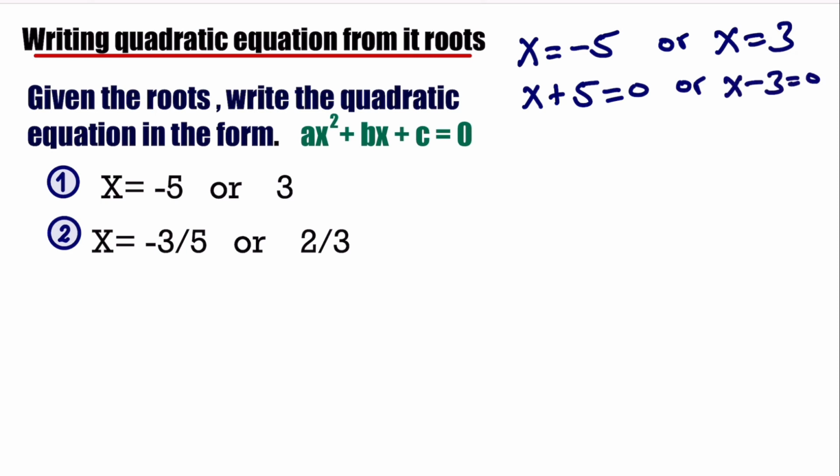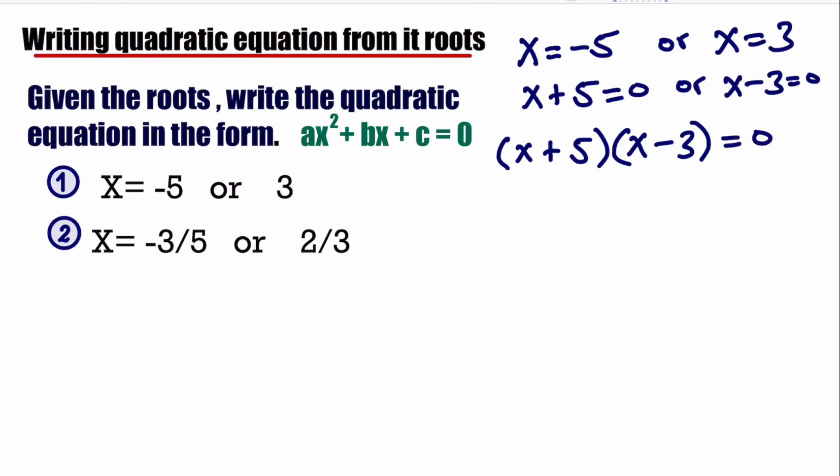The next step is to multiply these two equations. So I'm going to multiply x plus 5 times x minus 3 without the 0. So I'm going to have x plus 5 times x minus 3, which will be equal to 0.